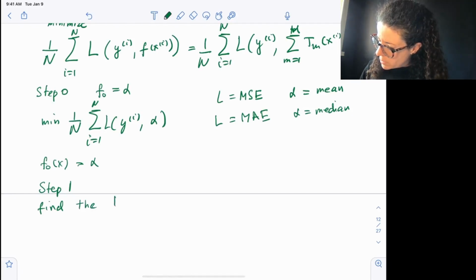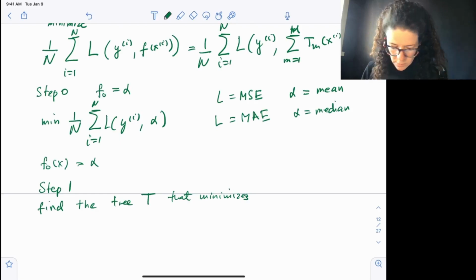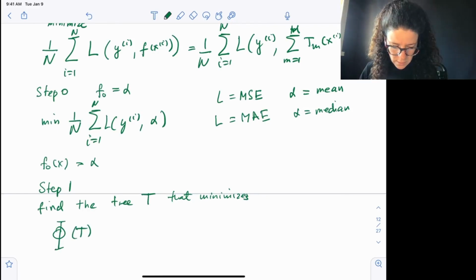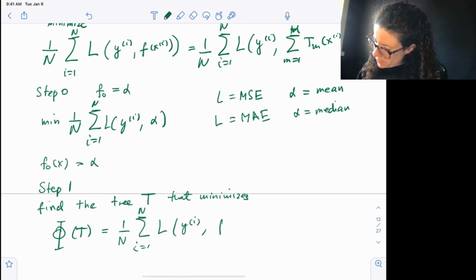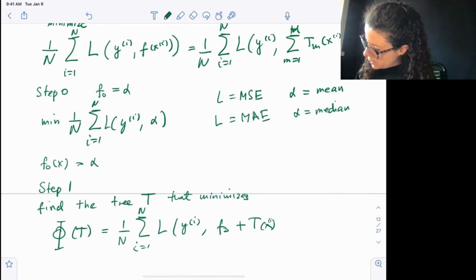The tree T that minimizes the following equation, and I'm going to call this phi of t, where t is a tree, is equal to the sum of i equals 1 to n of L of yi comma f0 plus t of xi.